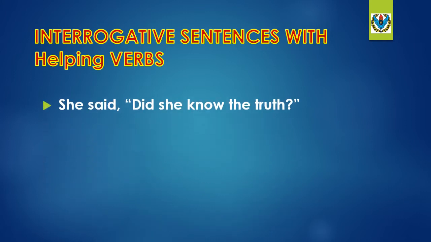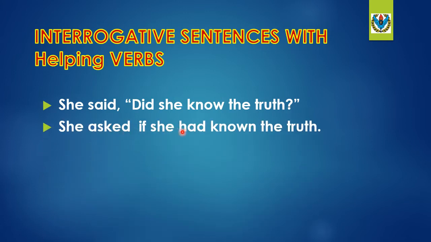Look at the sentence. This is a question, or an interrogative sentence. The reported speech starts with a helping verb. There is a question mark. Let's convert this interrogative sentence into indirect speech.